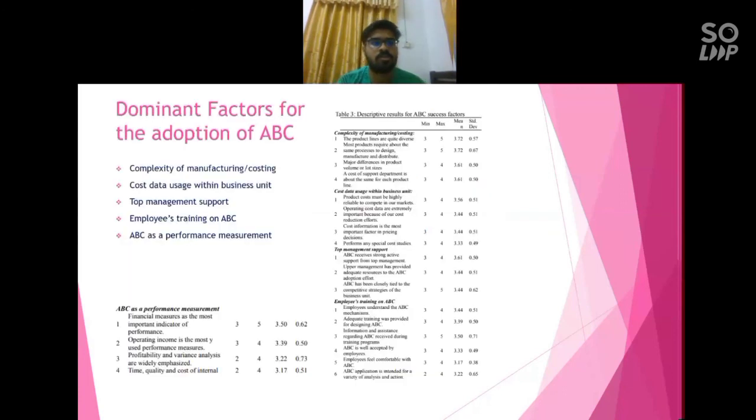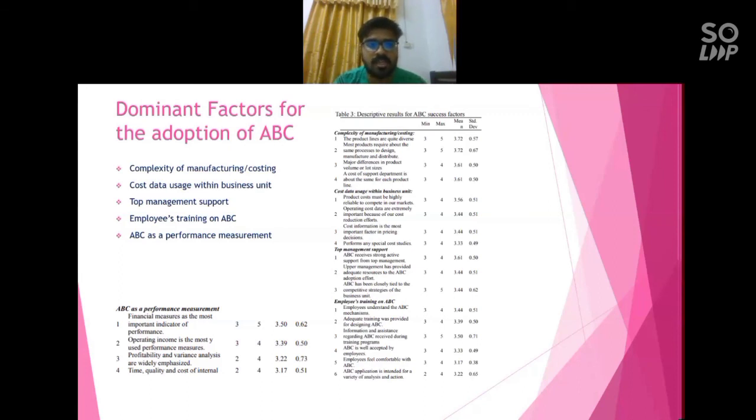Now we're going to look at the dominant factors for the adoption of activity-based costing. There are 5 factors for the adoption of activity-based costing. First is the complexity of manufacturing, and the second is the cost data usage within the business unit.